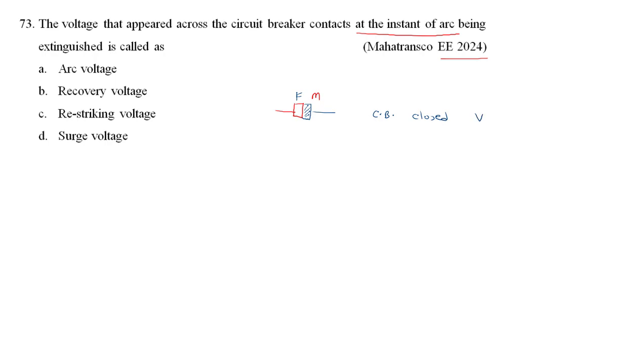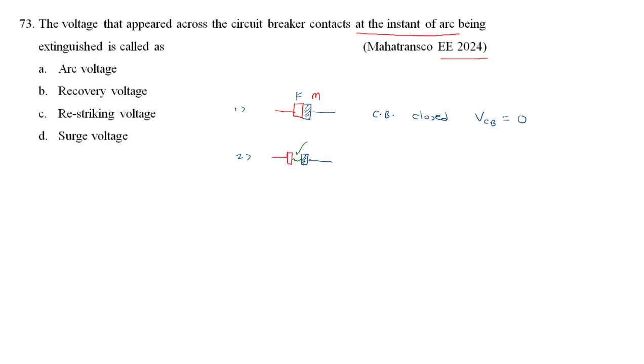Now theoretically how much will be the voltage across CB? It will be 0 because it's a closed condition, therefore no voltage will appear or voltage across breaker will be 0. This is the first scenario. Now in second scenario, circuit breaker has received the trip command from the relay, therefore its fixed contact will remain in the same position, but moving contact has moved from its original position. So whenever this condition will happen, there will be presence of arc.